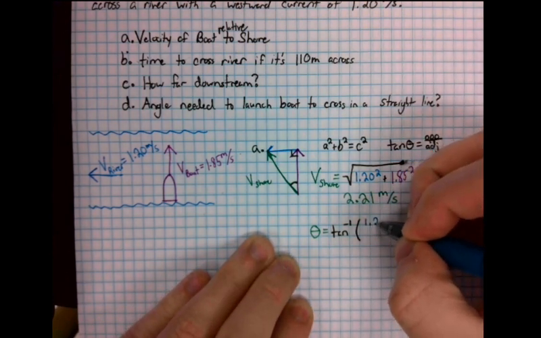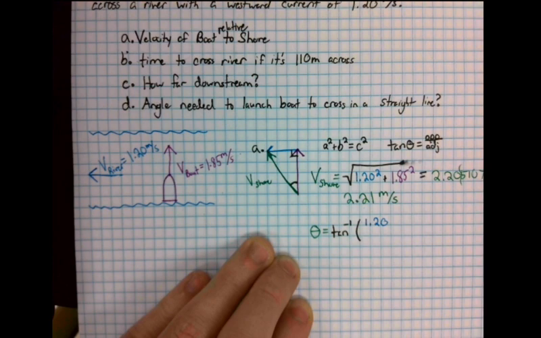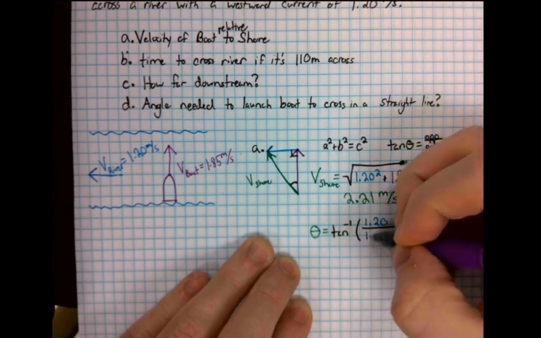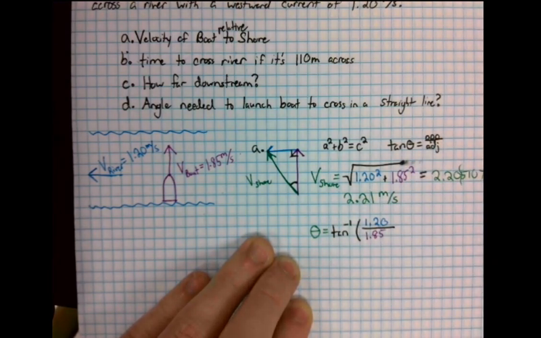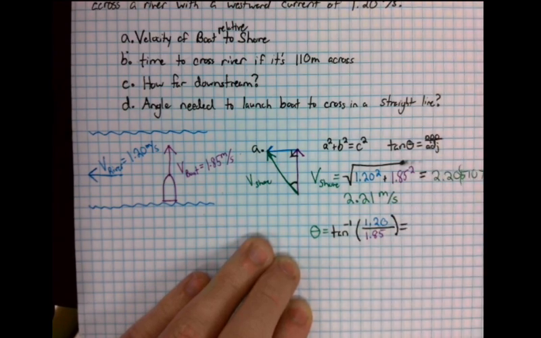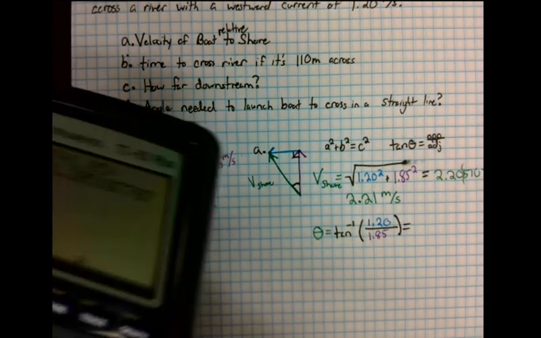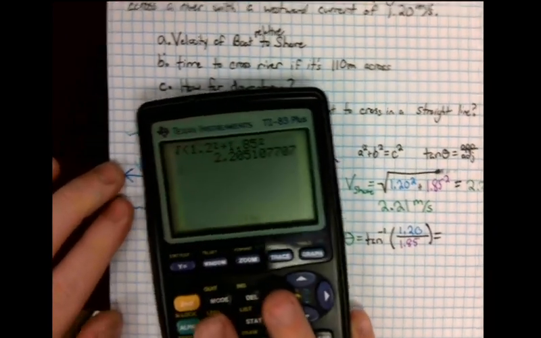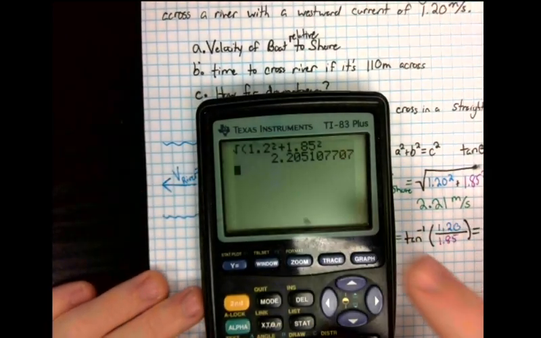So we're going to do 1.20, and then over our adjacent line, which is 1.85. We'll plug that into our calculators. So we've got inverse tangent.